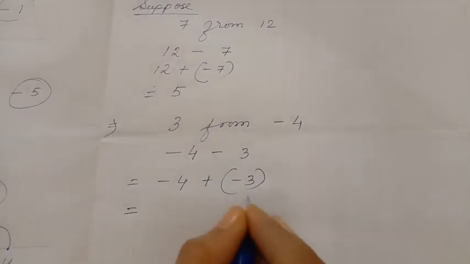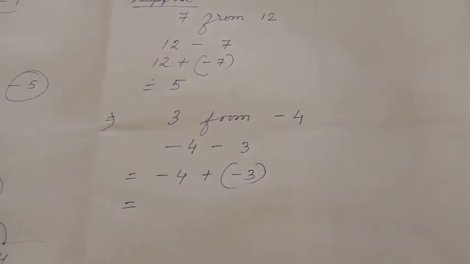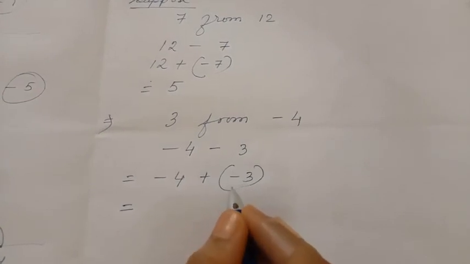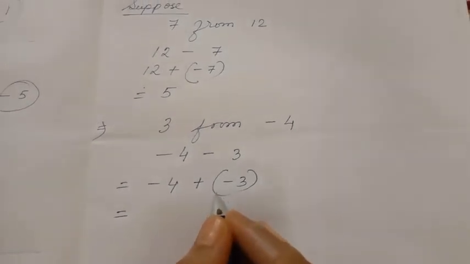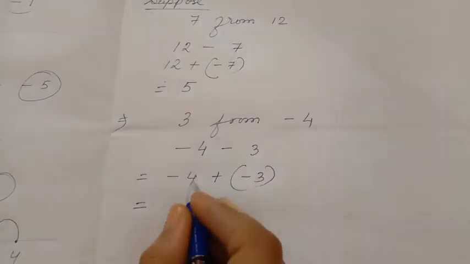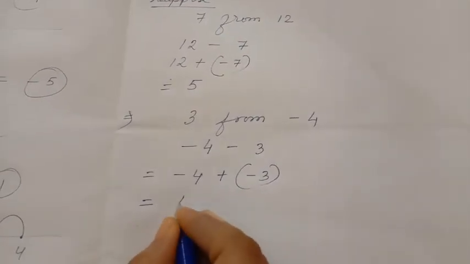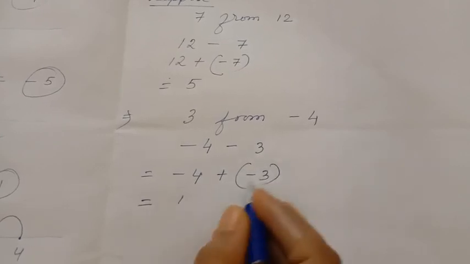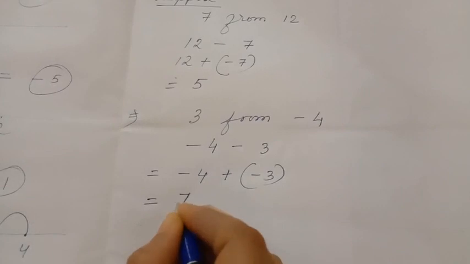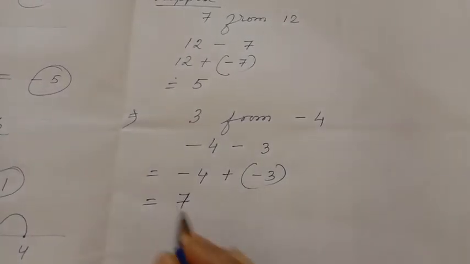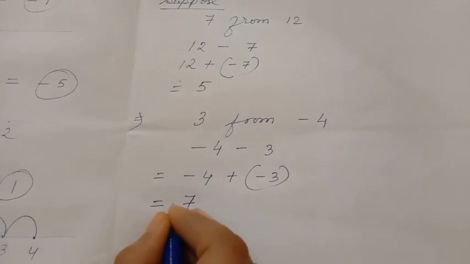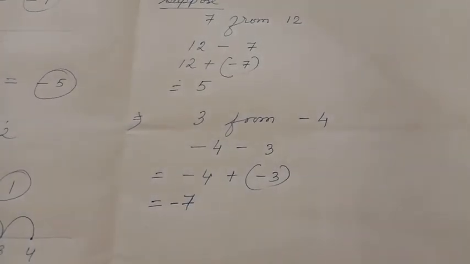So what is the rule of addition to add two negative integers? You have to just add the absolute values of these two integers. So the absolute value of -4 is 4 and the absolute value of -3 is 3. So the answer would be 7. But what will be the sign? The sign of the integers, that is -7.